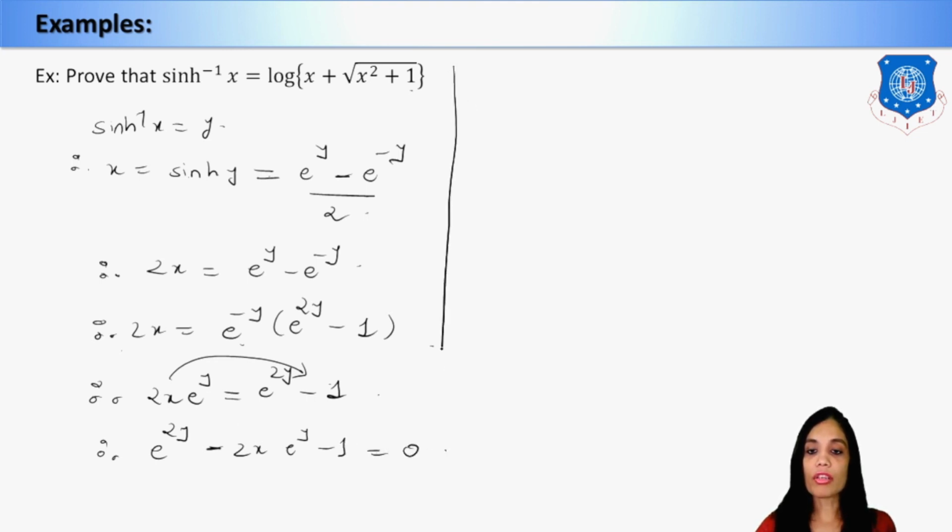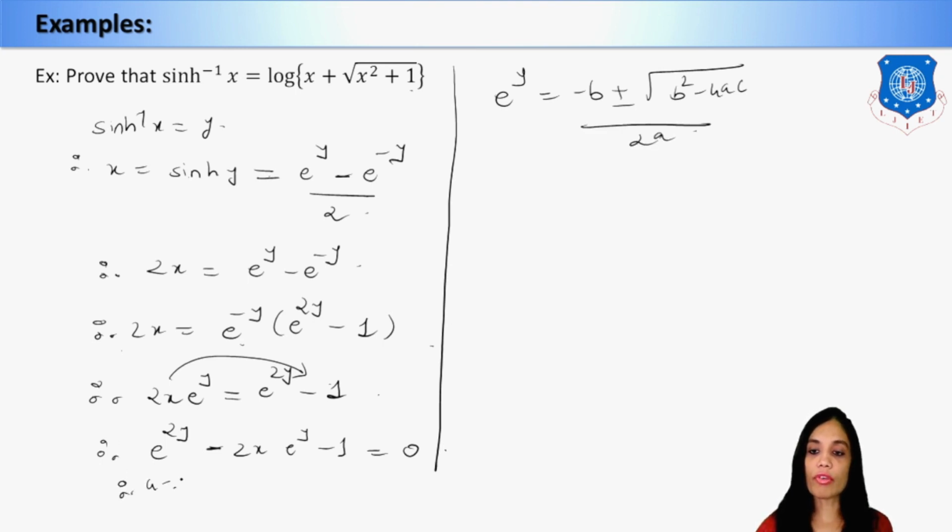Now we can obtain the roots of e raised to y using the formula minus b plus or minus under root of b square minus 4ac upon 2a. So here your values: a is 1, b is what? Minus 2x, and c is minus 1. Put these values in this formula.